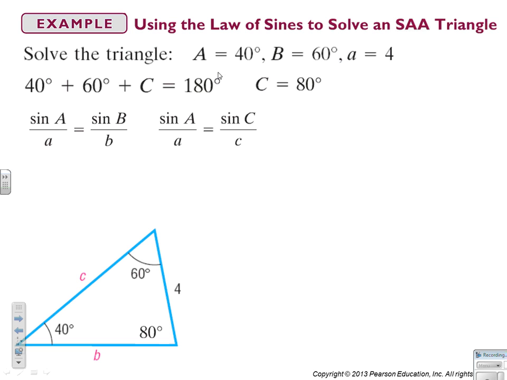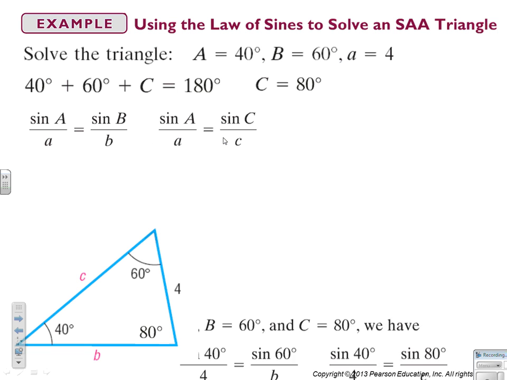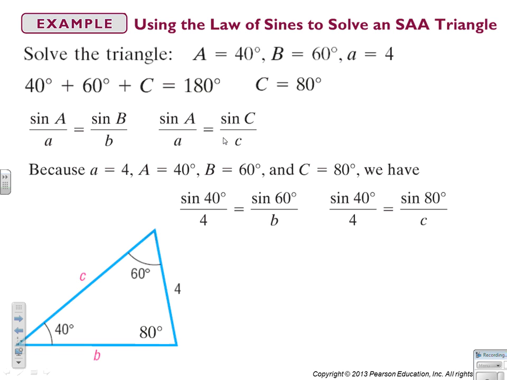All right, so since we have A and B, we're going to use the property sine A over a equals sine B over b, and sine A over a equals sine C over c. So a is equal to 4, B is 60, C is 80. So sine of 40 over 4 equals sine of 60 over b. And then sine of 40 over 4 is sine of 80 over c.